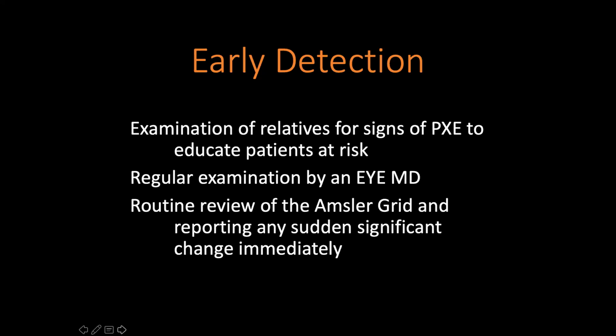And we will discuss those symptoms, but the patients should routinely review an Amsler grid and report any sudden significant change immediately. They should also go for regular examinations by a trained ophthalmologist looking for signs of choroidal neovascularization.